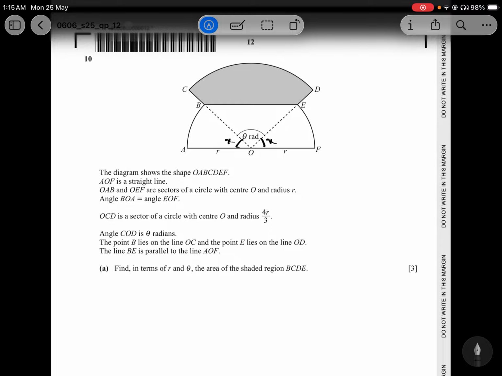It's a very simple question, but they just made it very complex.